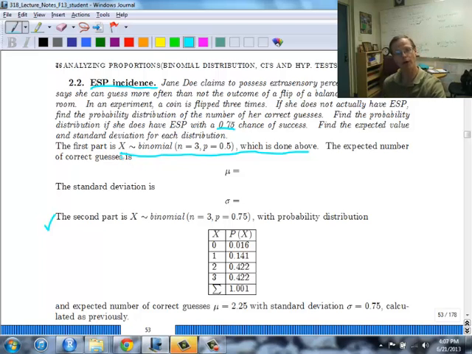Well, let's think about it. If she has 3 guesses and she has a 50% chance on each, then it seems reasonable to take 50% of 3, which is 1.5. That's just the formula for the mean. It's simply that intuitive approach that we just mentioned.